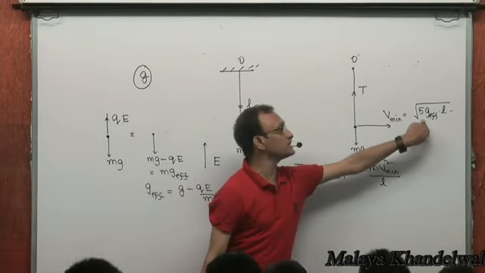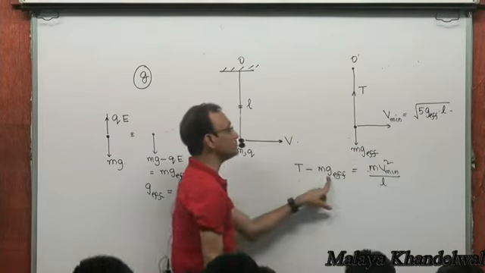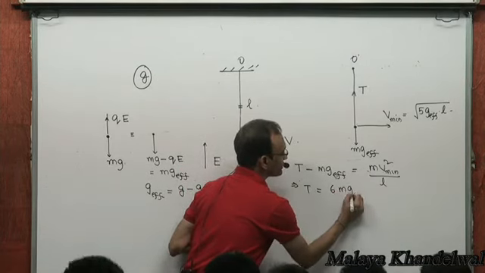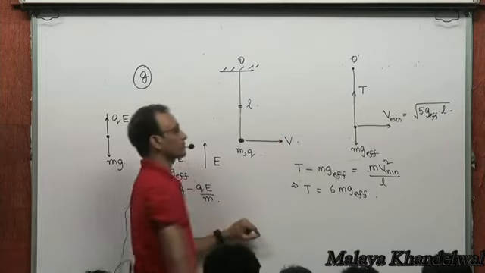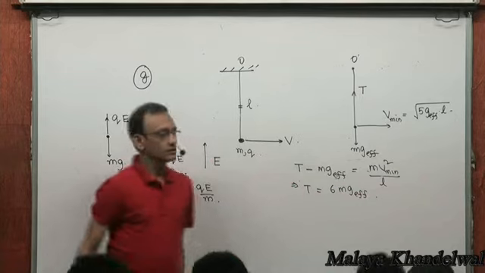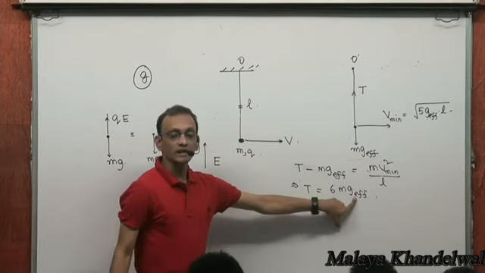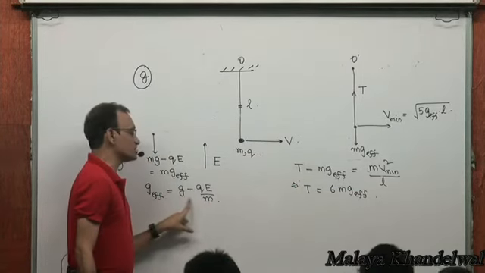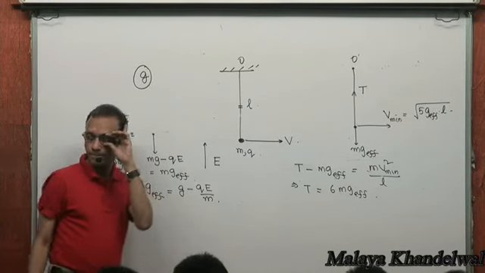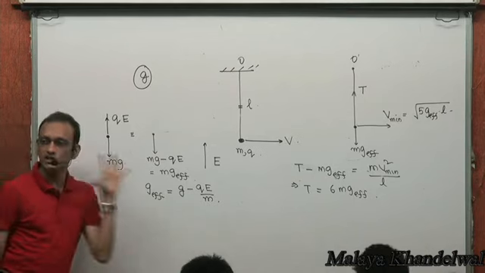Where V min squared is 5 g effective into L, plus mg effective, so T would be 6 mg effective. Because V min squared is this, you get T equal to 6 times mg effective, where g effective is g minus qE by m. Right? That's the equivalent g.